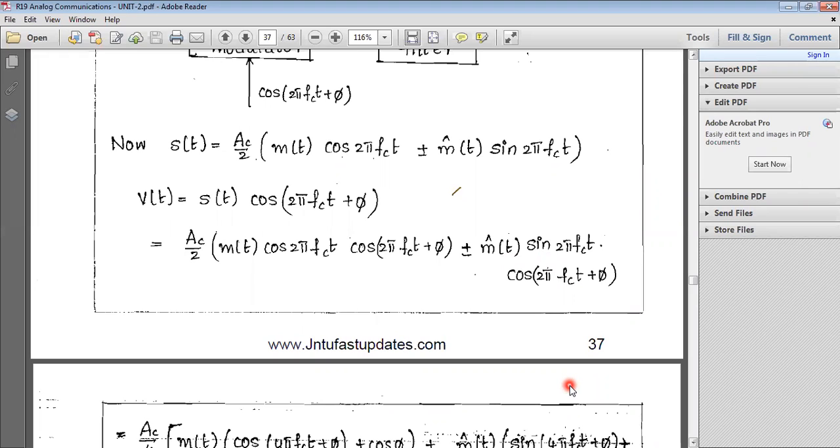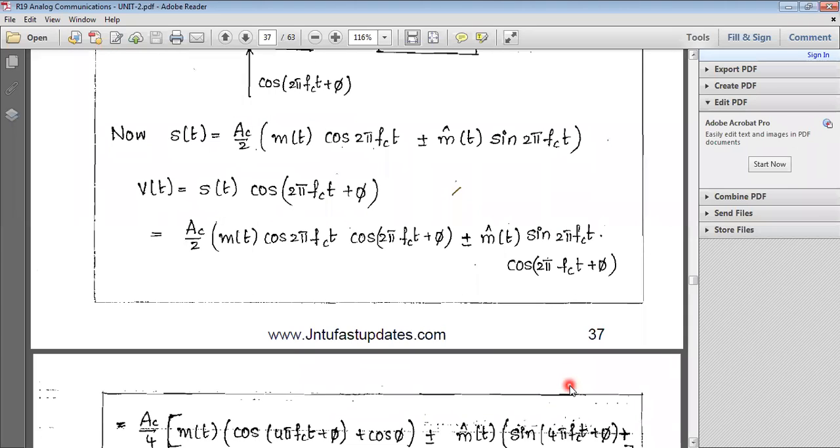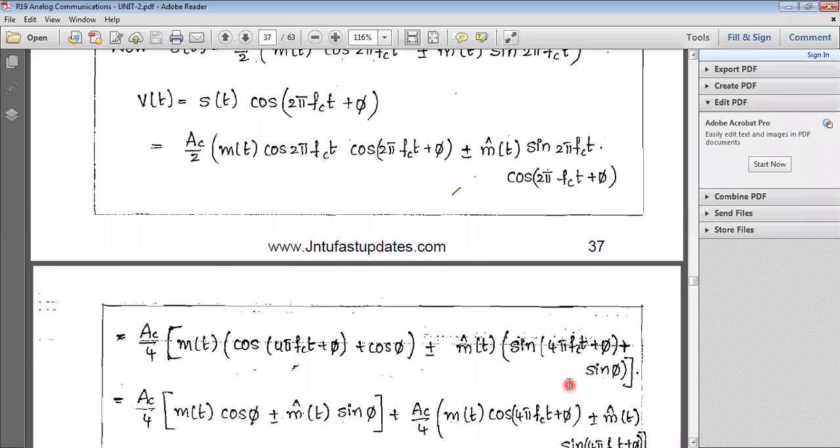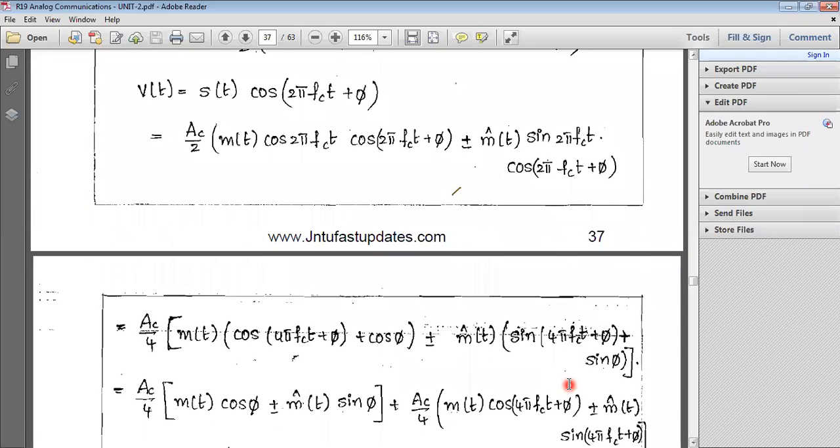Are you following me? Coming to the next step. Expand in the form of cos A cos B, and you expand sin A cos B. Cos A cos B: here A is 2 pi fct, B is 2 pi fct plus phi.